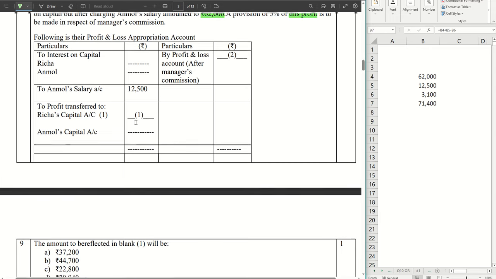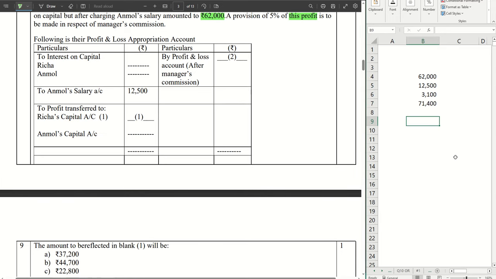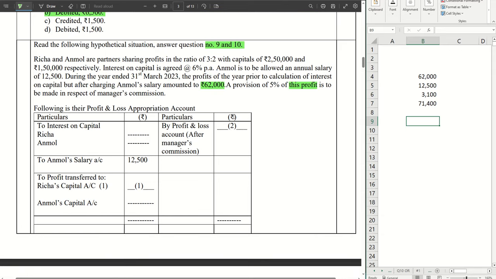Now coming to the debit side of the P&L appropriation account, we have interest on capital. Richa's capital is 2,50,000 and the rate of interest on the partner's capital is 6%. So that will be into 0.06, which is 15,000.